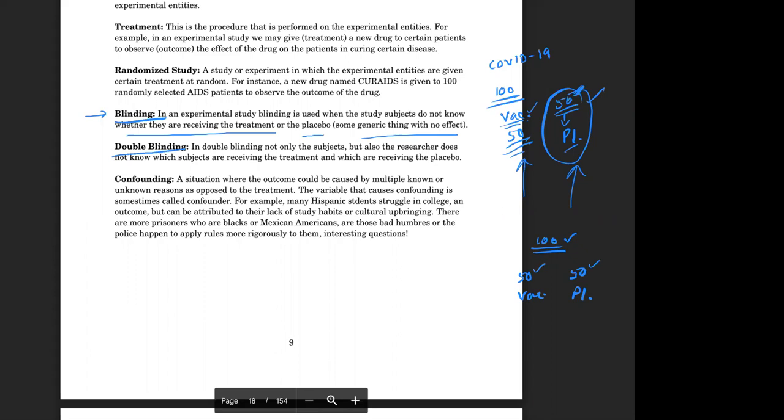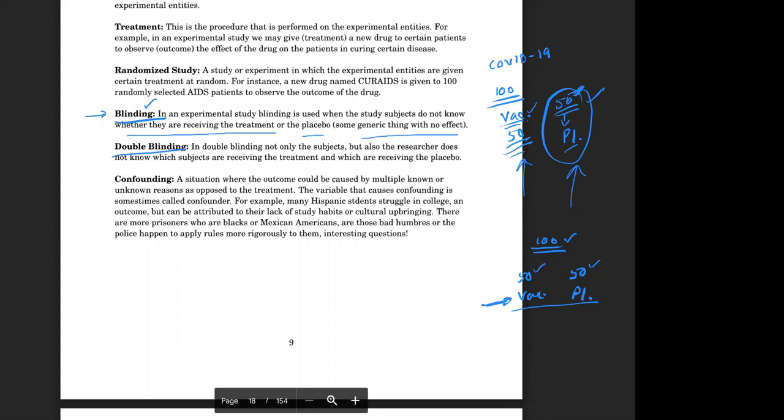So that could be a comparative study, and you can see whether the vaccine you have developed is effective. So this is called blinding, where the subjects do not know whether they're receiving the stimulus or some placebo.